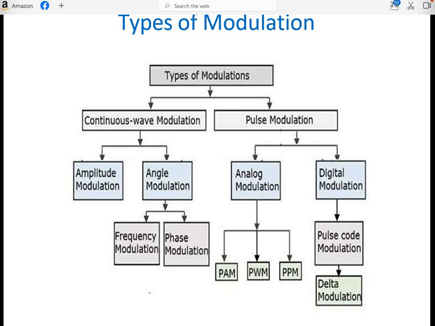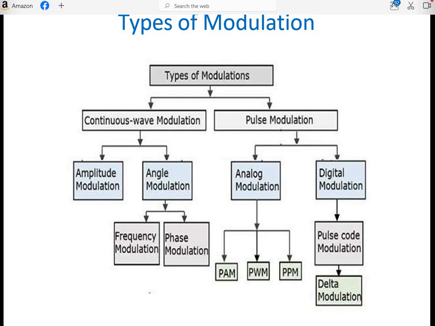For every kind of modulation, what is the definition of modulation? First of all, that comes to our mind. Now let us see the definition of modulation. Modulation means that according to the instantaneous value of the modulating signal, the values of the carrier signal are varied. This process is called modulation.